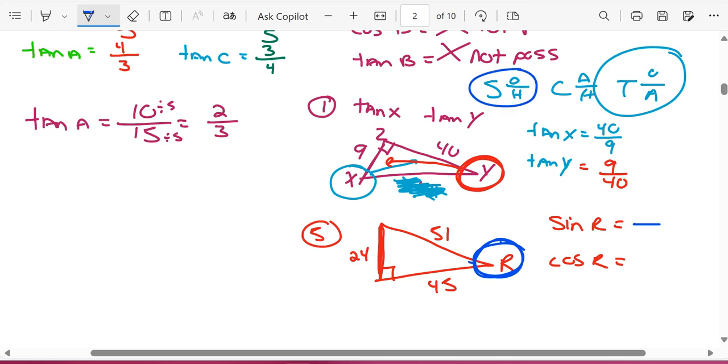From R, the opposite side is 24. The hypotenuse is 51.